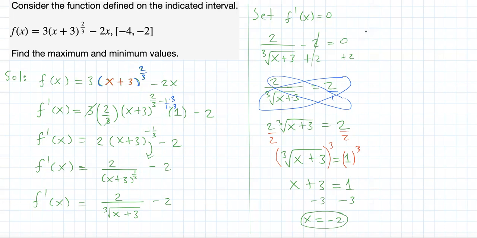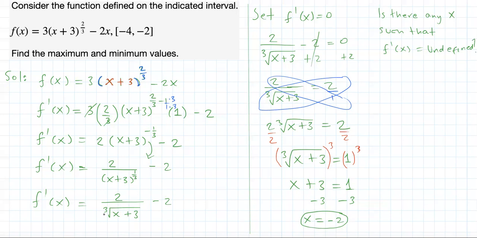Now, remember, critical points are points where the derivative is 0, but also points where the derivative is undefined, right? So the question is: is there any x such that f prime evaluated at x is undefined? That's the question, right?